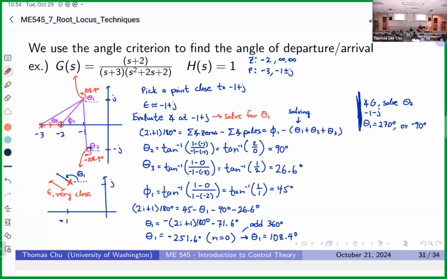If I actually want to make this sketch even more refined, I know that this root locus at infinity is going to converge to a vertical line. So I can find my asymptote. It can converge to this asymptote here.